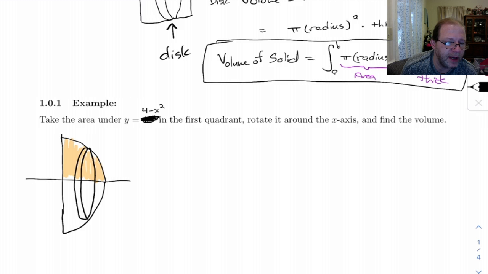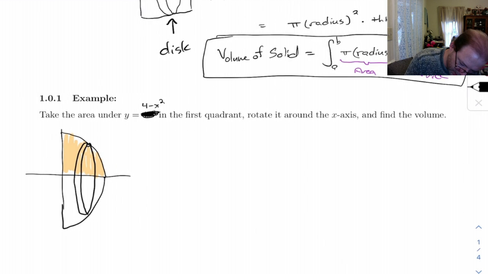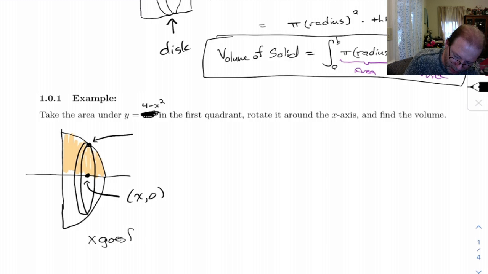And once we've got that, let's start labeling it. This up here, I'm going to pick a point. This is the point x, 0. And x goes from, let's see, from here to here.